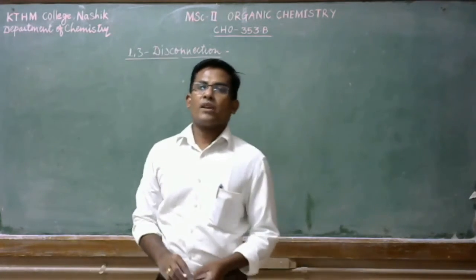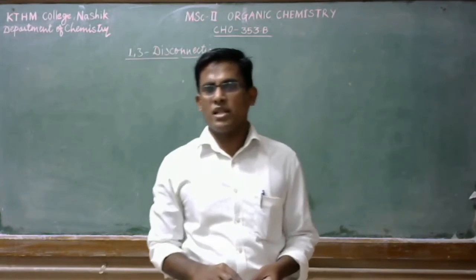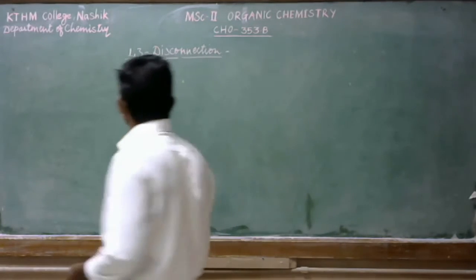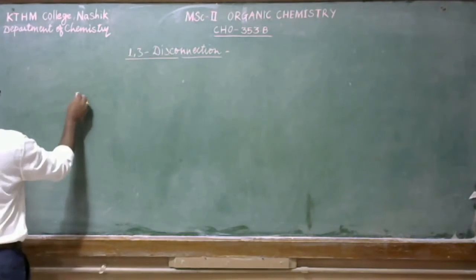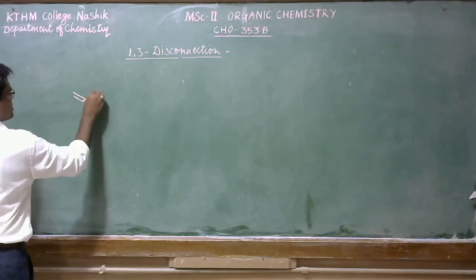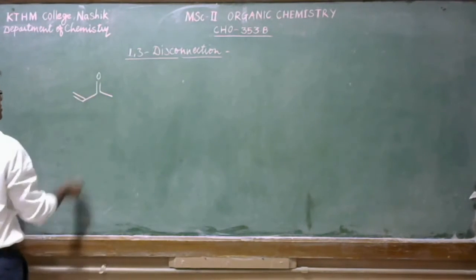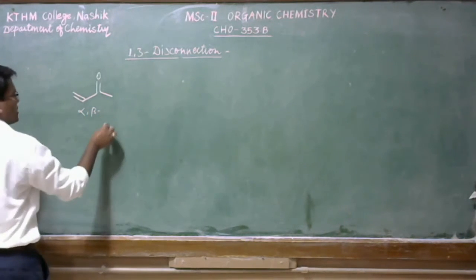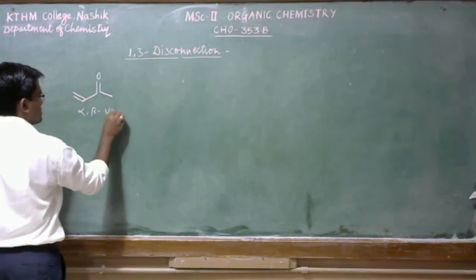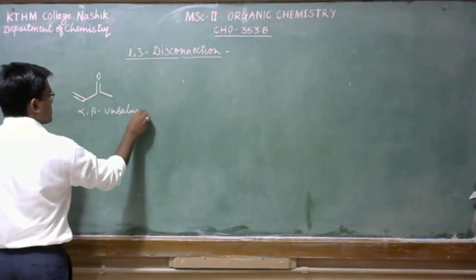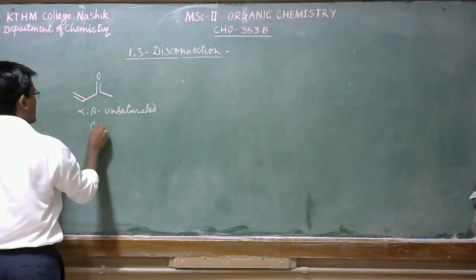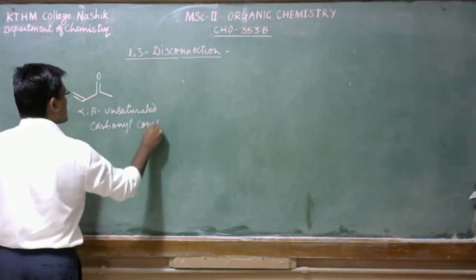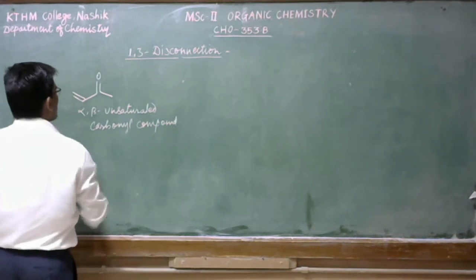So we know how an alpha beta unsaturated compound can be treated with a nucleophile. So let us have an example. Suppose we have this alpha beta unsaturated carbonyl compound. Okay.